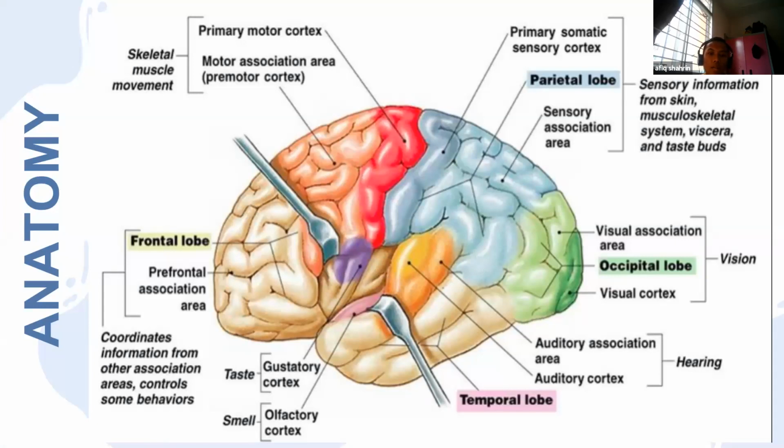The brain is made up of many specialized areas that work together, such as the cerebral cortex, brainstem, basal ganglia, and also cerebellum. It can simply be divided based on the lobes, and each lobe has a certain function. For example, the frontal lobe for cognitive function, the parietal lobe for motor sensory, the occipital lobe for the visual system, and the temporal lobe for memory and hearing.